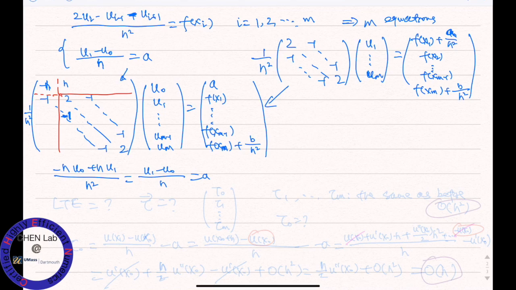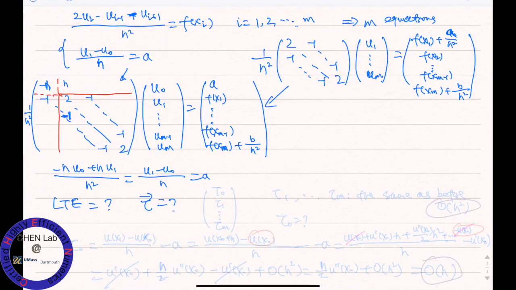So we can do the next step, as we did last time, which is to look into the local truncation error. So we did the calculation of the tau.